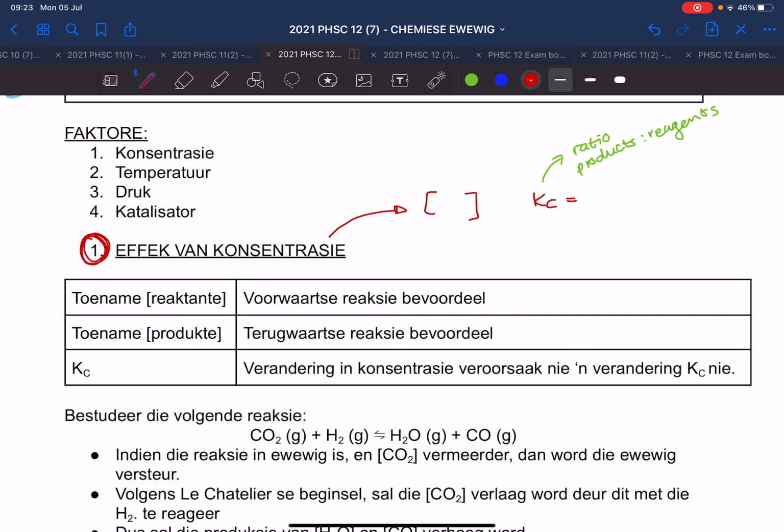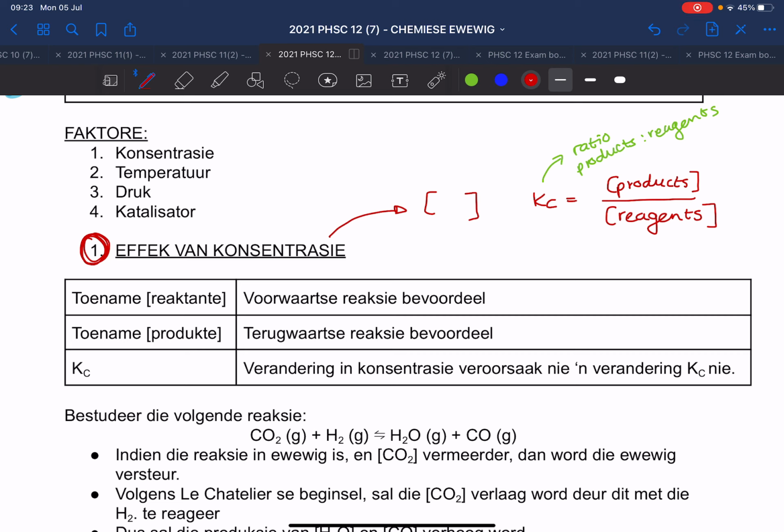Okay, so as ons dan nou kyk, the Kc value is the concentration of the products over the concentrations of the reagents. Okay, sommer net op 'n side note. What do we not fill into the Kc expression? Wat sit ons nie in die Kc uitdrukking nie, Enrico?